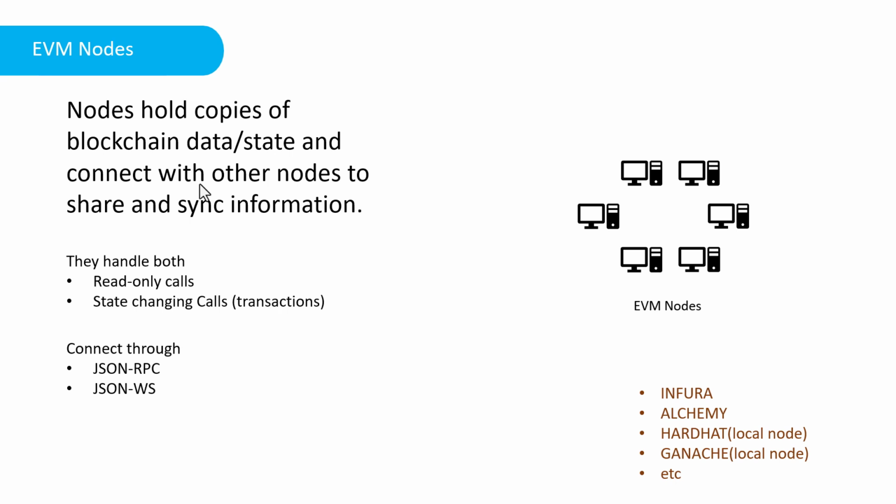And we have providers that offer nodes as a service. Examples are Infura and Alchemy, and you can also roll out your own node. And lastly, for your local testing and local development, you can also use tools like AppKit or Ganache, which provide you a local node that runs on your development system and allows you to test out smart contracts and interact with them.